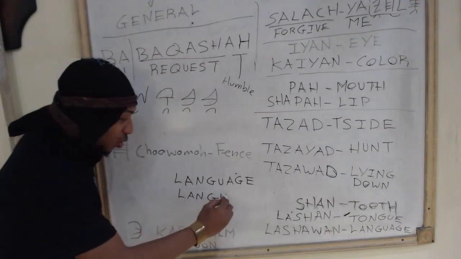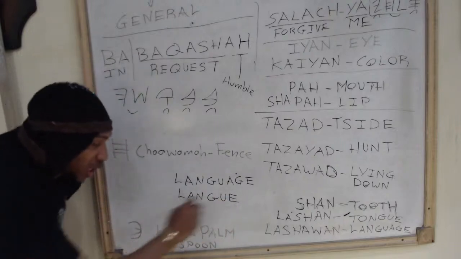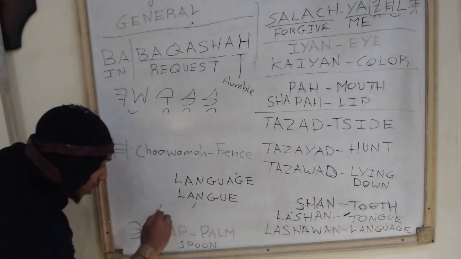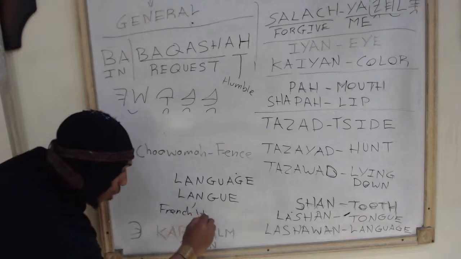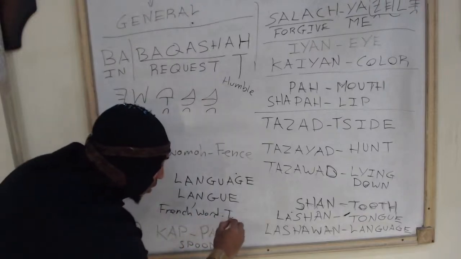Langue, G-U-E. Langue is French for tongue. This is the French word for tongue.